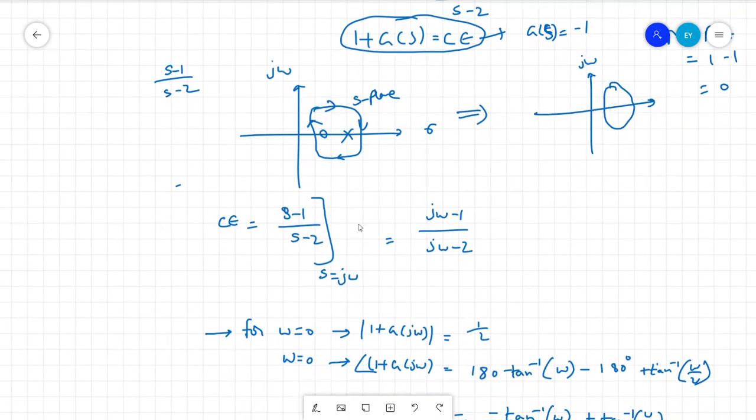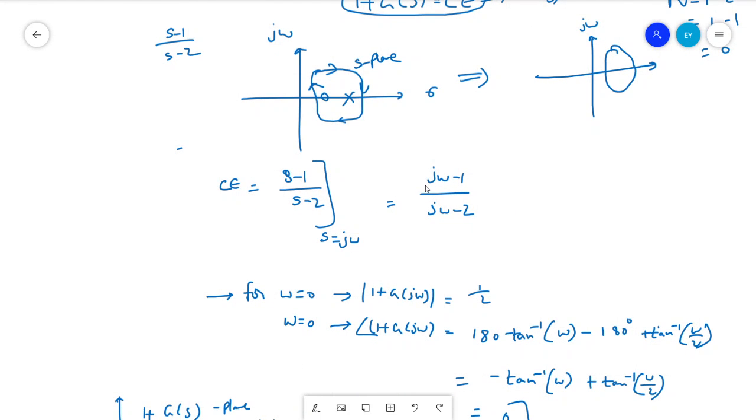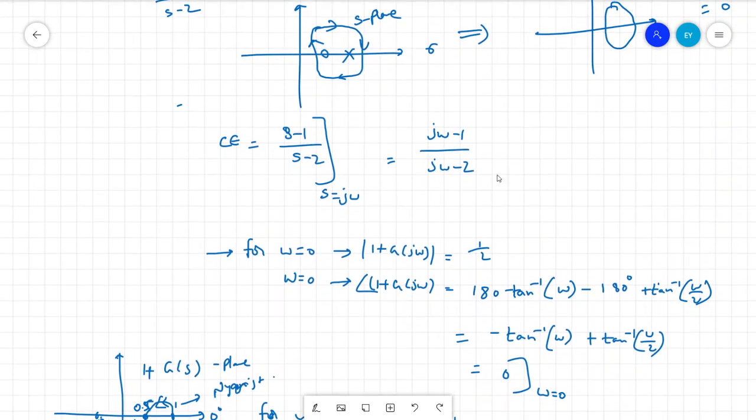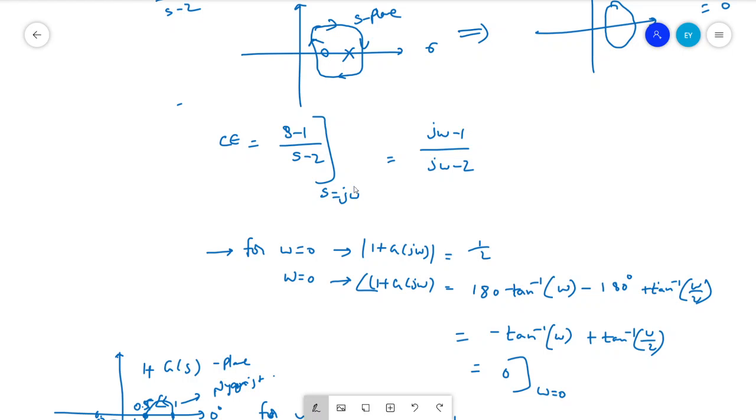So if you substitute s equal to j omega, it will come j omega minus 1 by j omega minus 2. See, the process is the same as the polar plot which we considered. Initially consider s equal to j omega, substitute omega values from 0 to infinity. Here the point is we are actually considering from minus infinity to infinity.